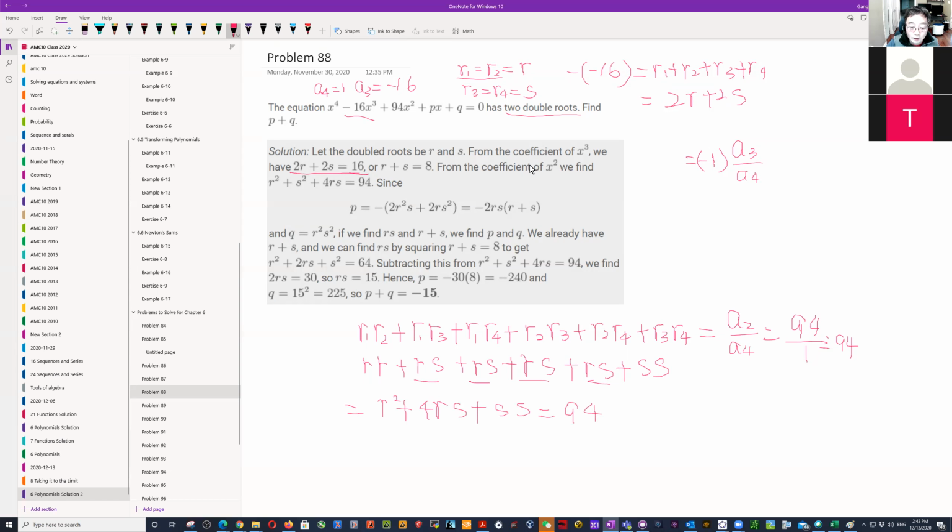This is the polynomial. Why is this 94? It comes from here.